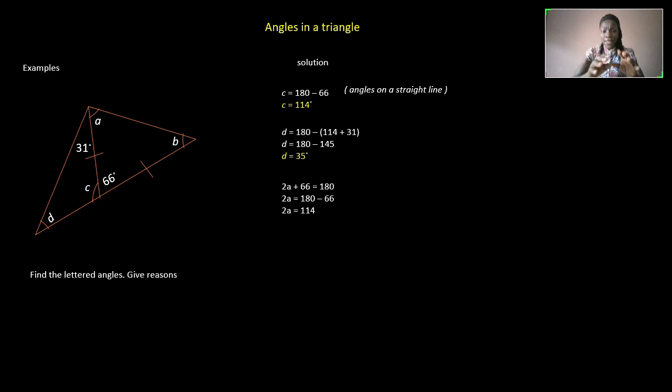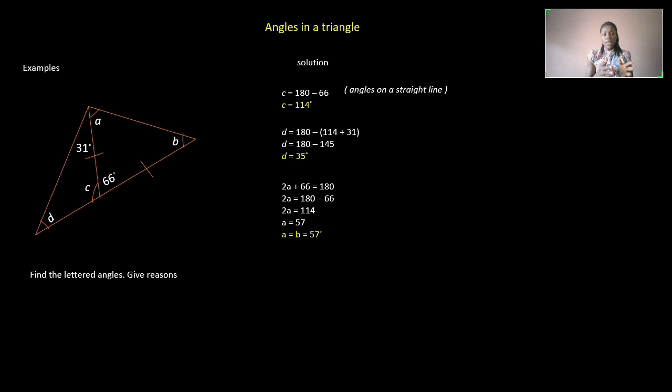So we are to divide both sides by 2 for us to be able to know the exact value of a. And dividing both sides by 2, we are going to have a equals 57. So since a is equal to b, and we have gotten the value of a as 57, that means our b is equally 57. So we're going to have a equals b equals 57.